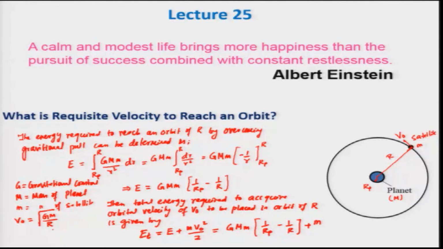Keep in mind that r is equal to r p plus h, where h is your altitude. So you can write G M m square, so this will be 2 r.